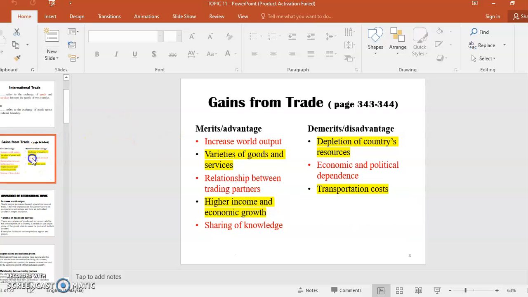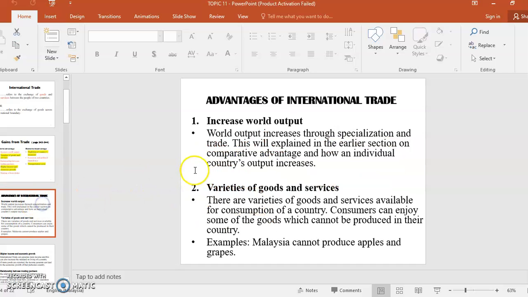Number 2 is in term of varieties of goods and services. So the benefit is, we as a consumer, we can get the variety of goods and services from all over the world. There are varieties of goods and services available for consumption of countries, so consumers can enjoy some of the goods which cannot be produced in their country.